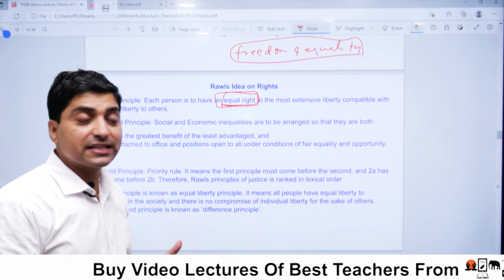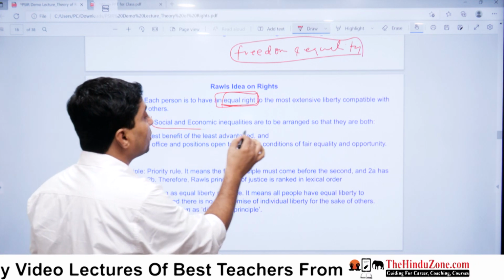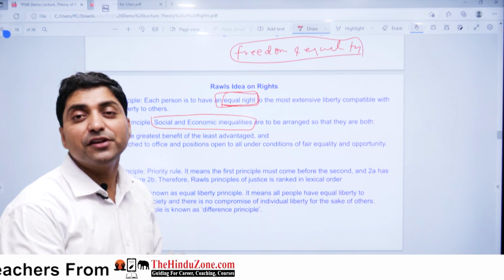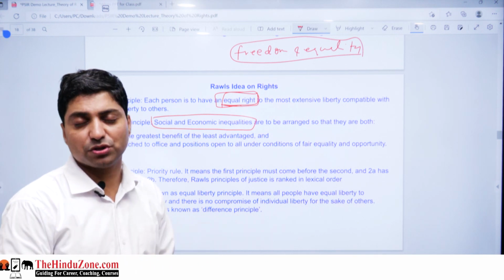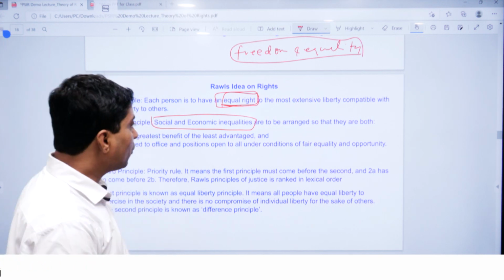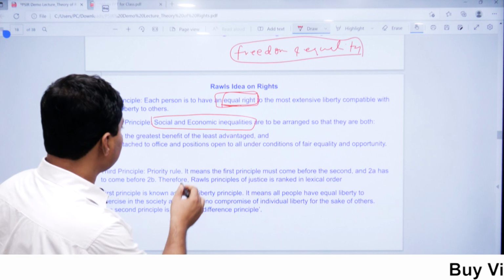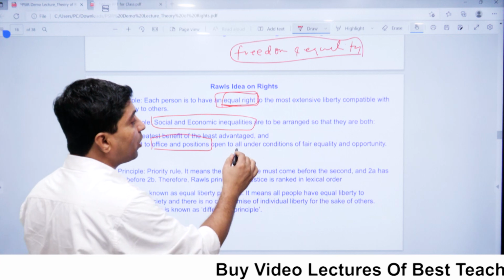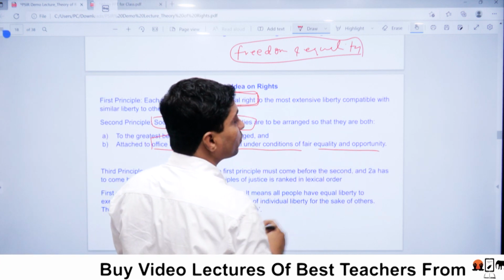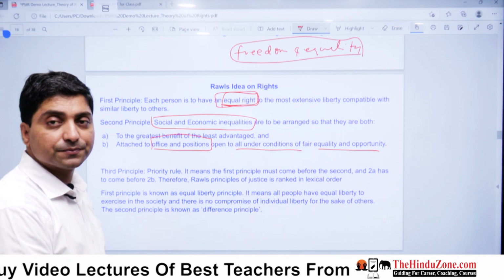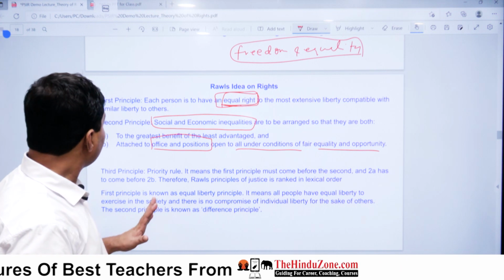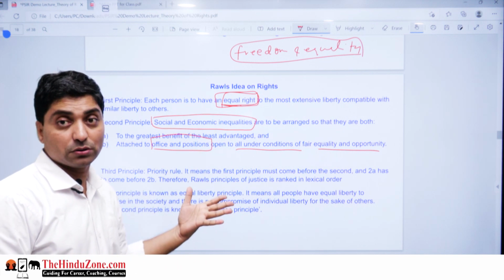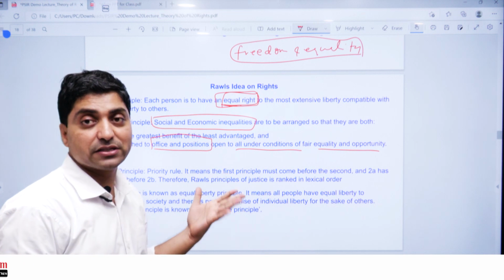And again he said that all social and economic inequality should be arranged so that it benefits the poor, the marginal class, and all offices and positions should be open to all under conditions of fair equality of opportunity. Now if you know the Rawlsian theory of justice, it would be very easy for you, but if you don't know the Rawlsian idea of justice, you may face a little difficulty.